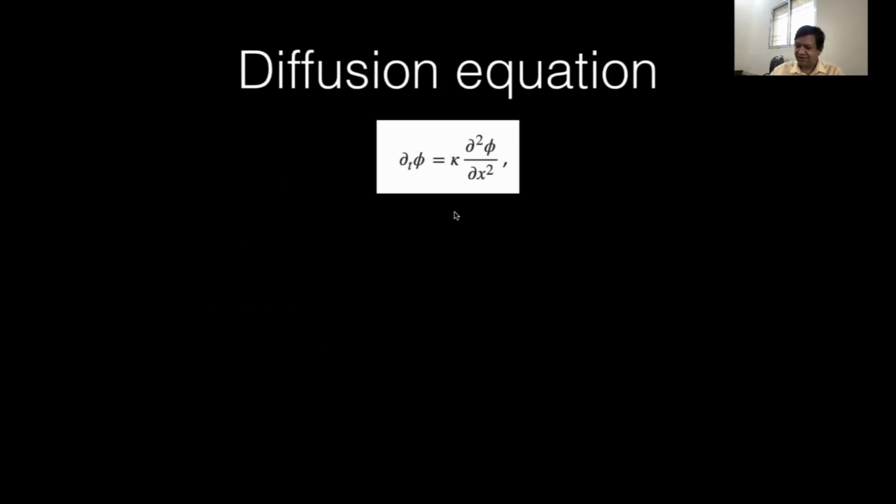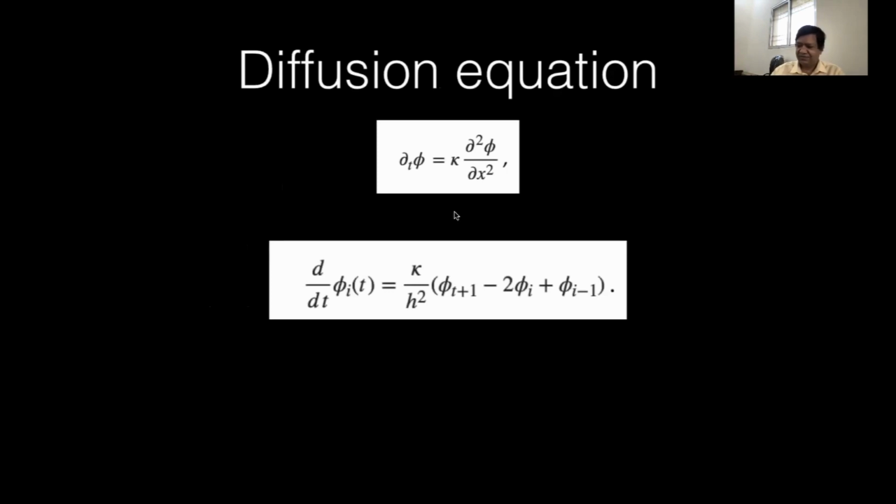Partial phi by partial t is kappa times the second derivative of phi with x. Now we'll use the central difference scheme to compute the derivative in x, and for this example I'm using periodic boundary conditions. So d phi_i by dt, we choose the site i.